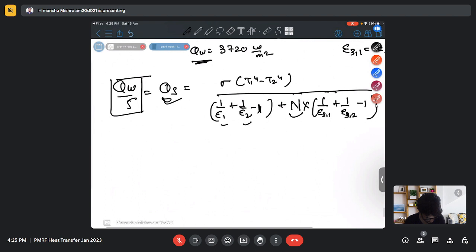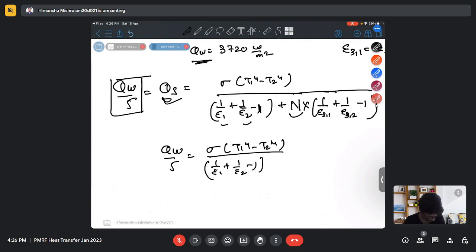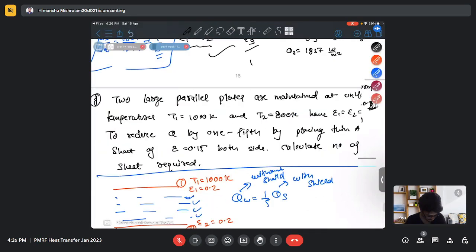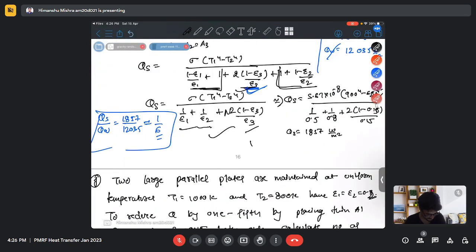So it will be QW by 5, like 2 over epsilon 3 minus 1. So basically I'm just multiplying n here, that's it.